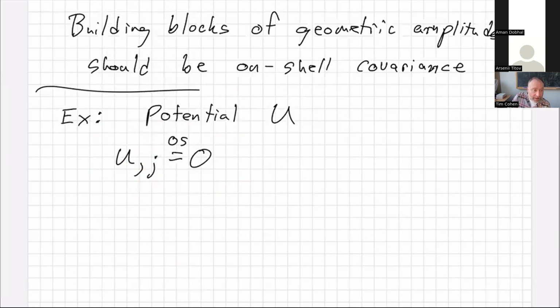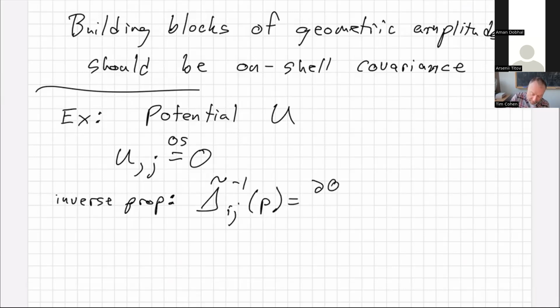We can also look at the inverse propagator. The inverse propagator takes the following form. We'll call it delta tilde inverse ij of p, and that's d phi k over d phi tilde i, d phi l over d phi tilde j, delta kl inverse of p.